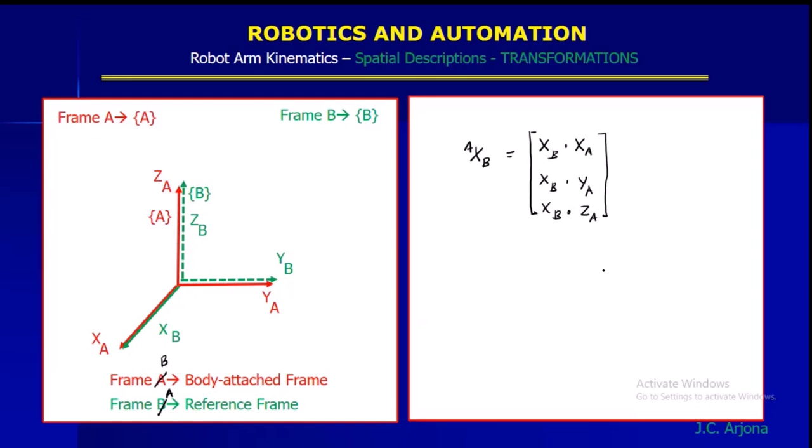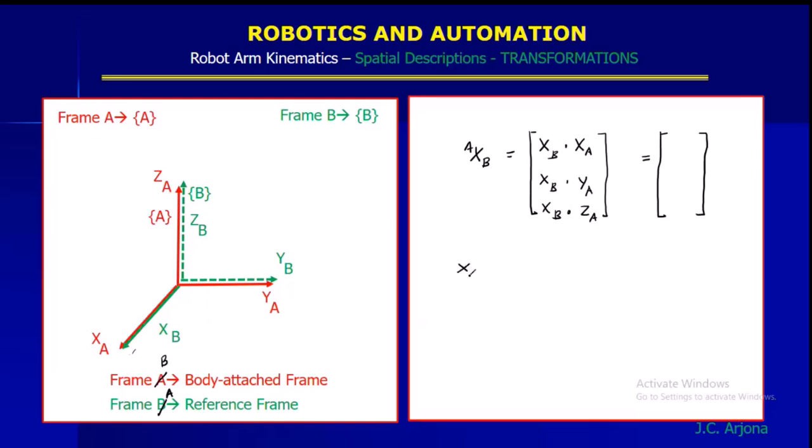In this analysis, the dot product XA dot XB is taken. This is the direction of XB and this is the direction of XA.